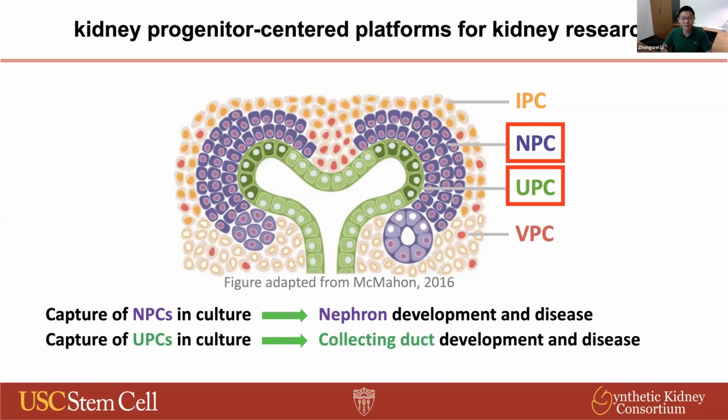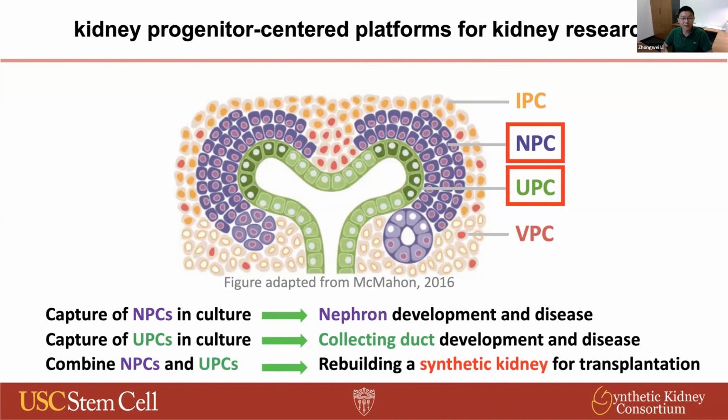We can also capture the UPCs in vitro and generate collecting duct organoids to study collecting duct development and disease. At the same time, we are combining NPCs and UPCs together to reconstitute the normal kidney organogenesis process towards the rebuilding of a synthetic kidney for future transplantation.